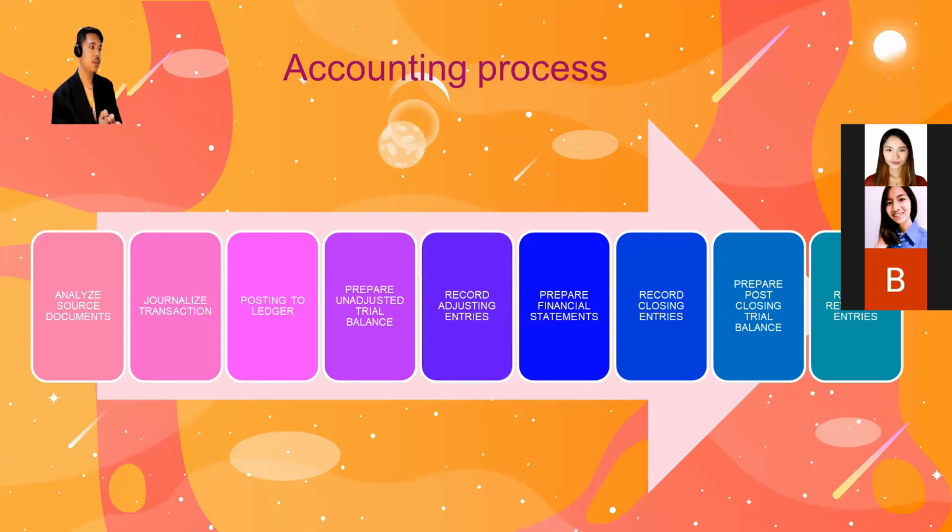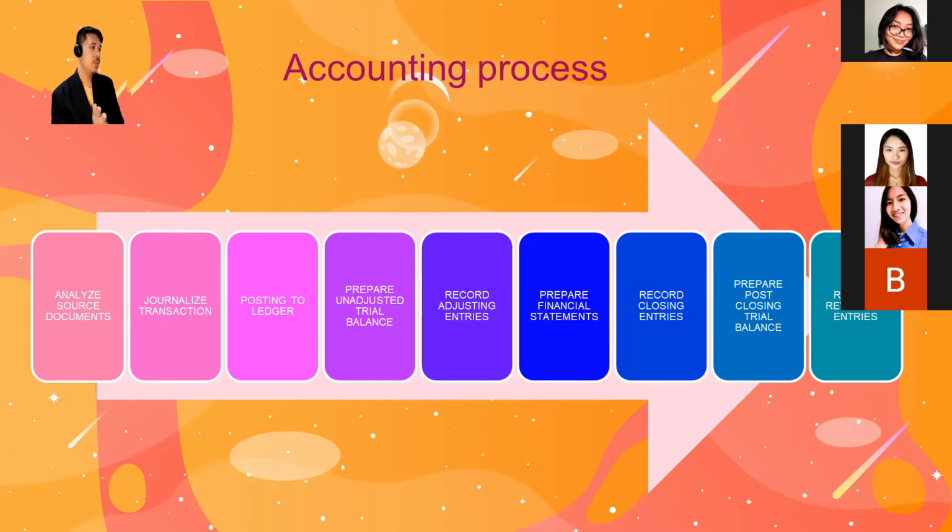By recording closing entries, we need to close our revenue and expenses, those nominal accounts, to your income summary account, and then ultimately to your retained earnings if it's a corporation. If it's a sole proprietorship or partnership, you have to close it with the capital accounts.